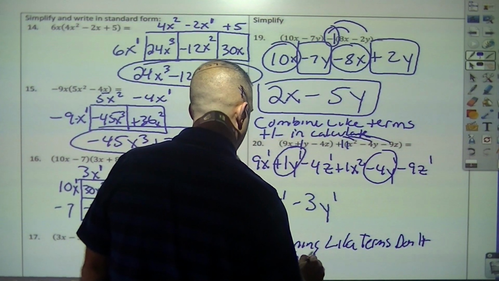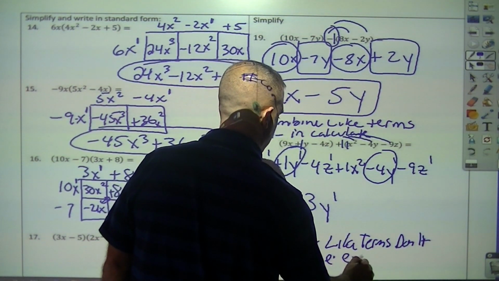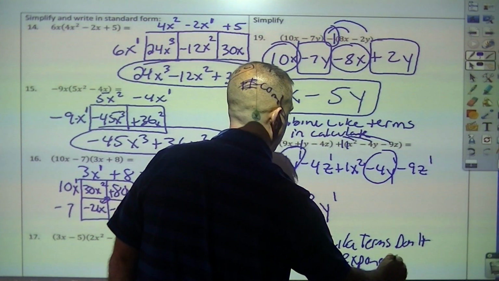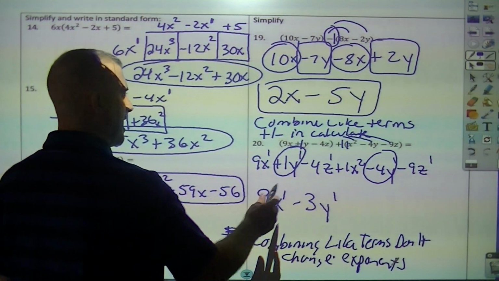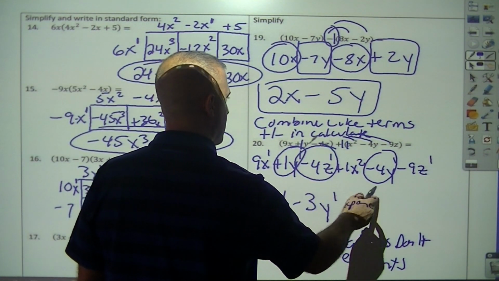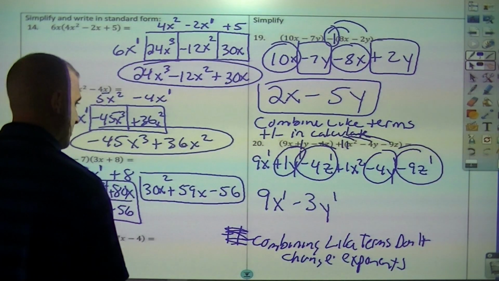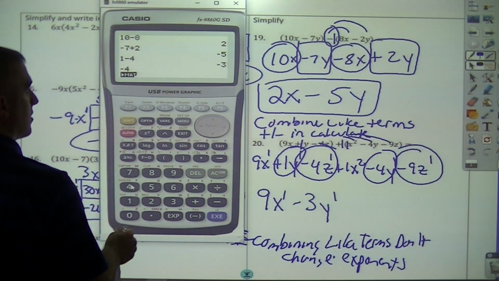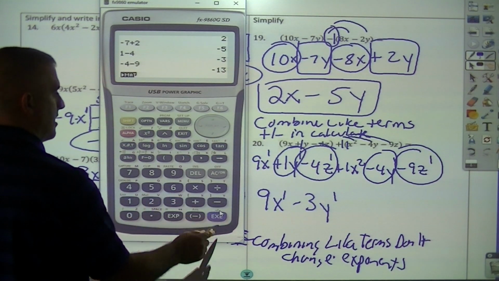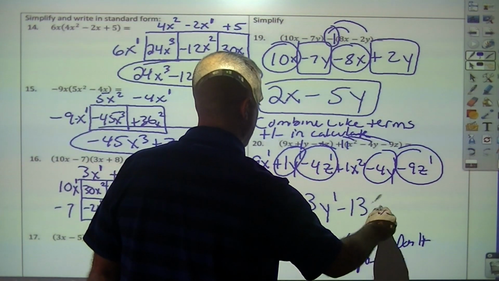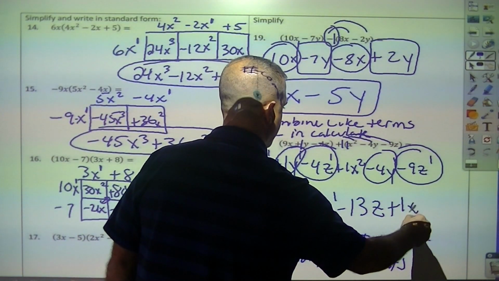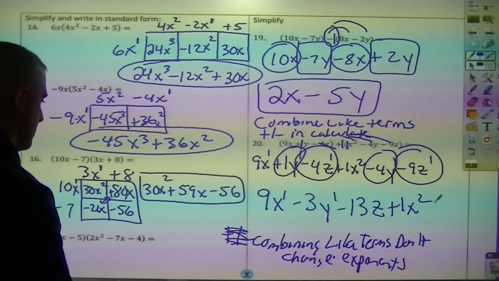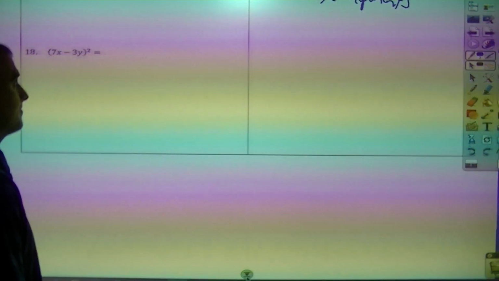That's really important. Then I got negative 4z, and I got negative 9z. So negative 4 minus 9 is negative 13z. And this didn't have a like term, so that's just going to stay right there. Let's move down here a little bit.